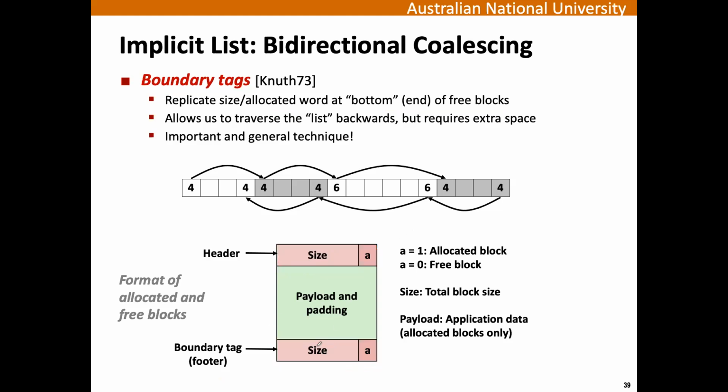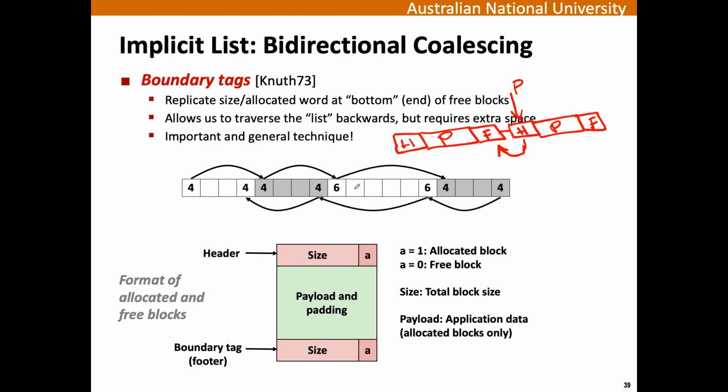So what happens is now, we have the header, the payload, and the footer, and then there's a block next to it, which has the header, payload, and the footer. And if I'm pointing here, then I know that the footer of my left neighbor is 1 word away.